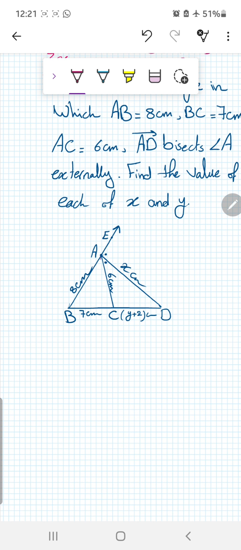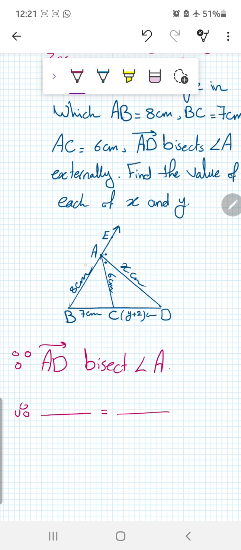So since AD bisects angle A, we get the ratio. The bisector is called AG, so write A and A, G and G, and the other two letters, which are B and C.